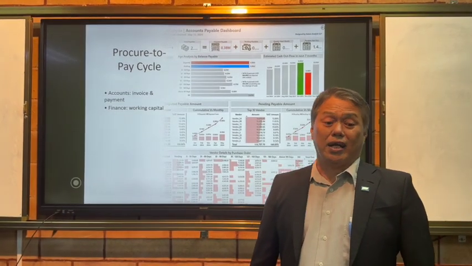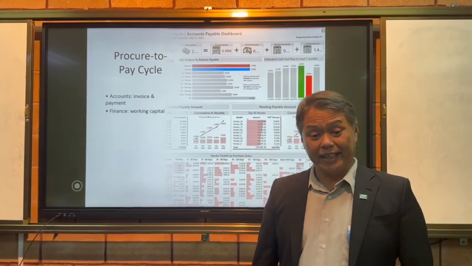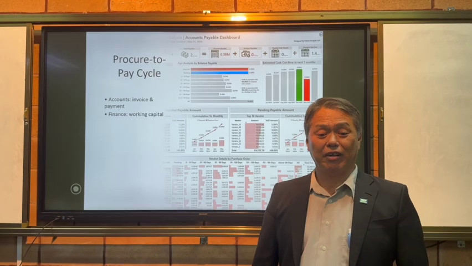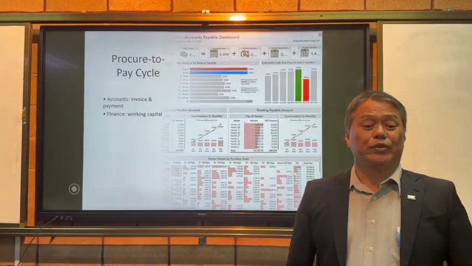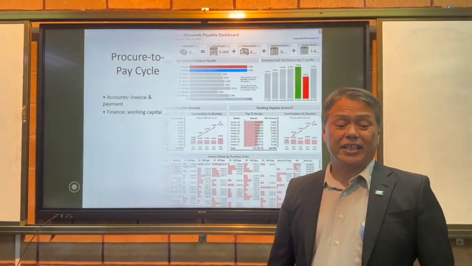Next is the procure to pay cycle. Secondly, while accounts process the invoices, finance is simultaneously optimizing our working position. On the account payable side, we have 2.3 million in total payables. Of that, 0.38 million is currently disputed.